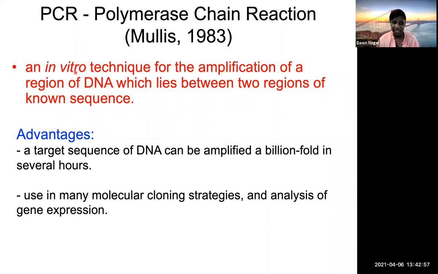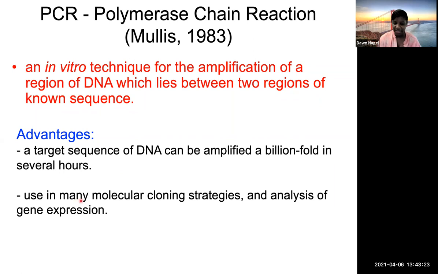It's an in vitro technique, meaning it's done in a test tube, right? Versus in vivo, which is in the live cell. It's done in a test tube for the amplification of a region of DNA between two regions of a known sequence. The advantage is that a target sequence of DNA can be amplified significantly, billionfold in several hours.